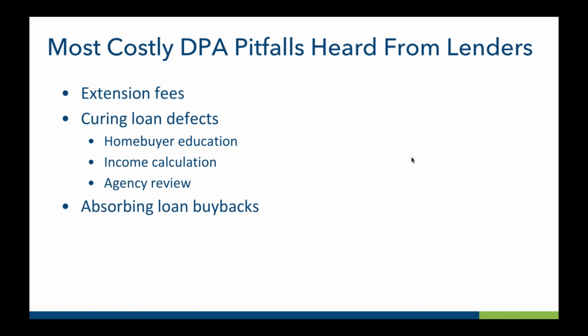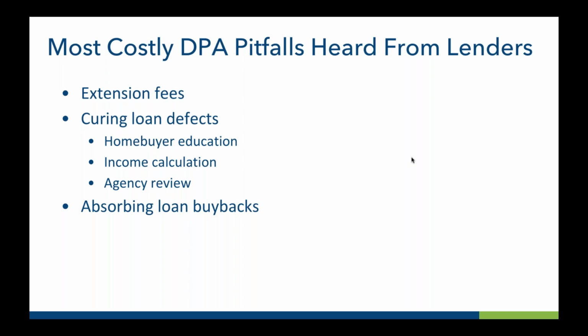So if a loan app was in process, maybe even went through an agency review, like for example with a state housing finance agency, but the product that you were using changed mid loan app or after that agency review, that can trigger other requirements that maybe weren't required prior to that new product change, like Homebuyer Ed or a different income calculation methodology or a home ownership history requirement changed.